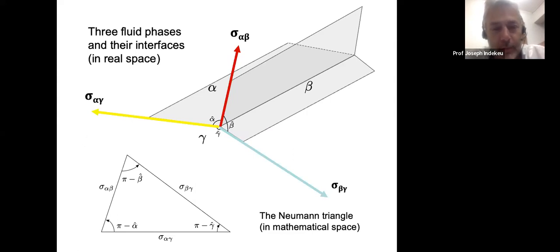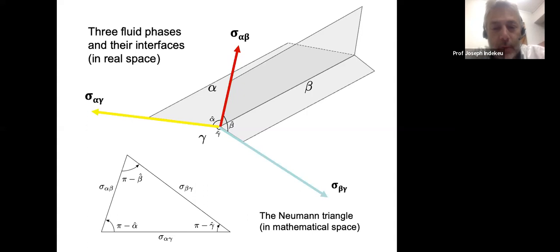And the sides of the triangle are oriented in such a way that the dihedral angles alpha hat, beta hat, and gamma hat are retrieved here in this triangle, but the supplements of these angles feature in these corners of the triangle. And that you can see by carefully looking at the geometry when you displace these vectors and make the triangle. So this Neumann triangle is nothing else than a kind of abstract representation of the force equilibrium acting at a contact line.